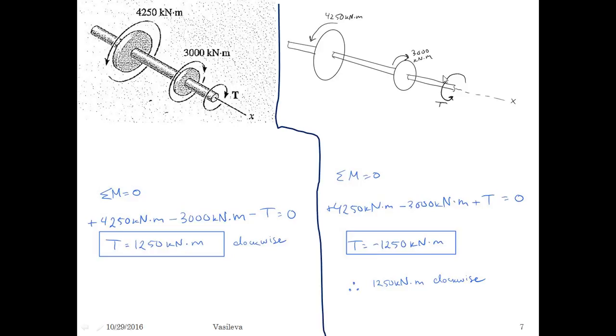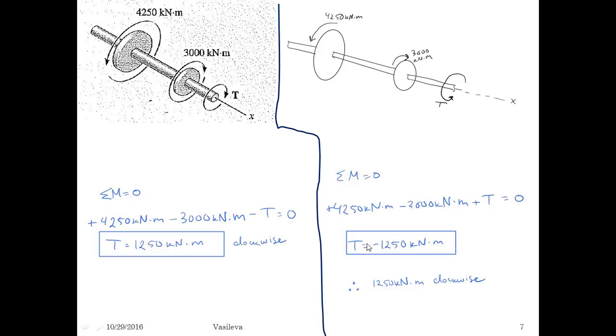Okay, another way that you could have analyzed this is cut it, right? But instead of drawing your T this way, you could have drawn it the other way. And remember, here, still, if you point your thumb in the positive X direction, your fingers will curl counterclockwise. So anything counterclockwise is positive. So positive 4250 minus 3000 plus T, because T here now, the way we drew it, is counterclockwise, so it's positive.